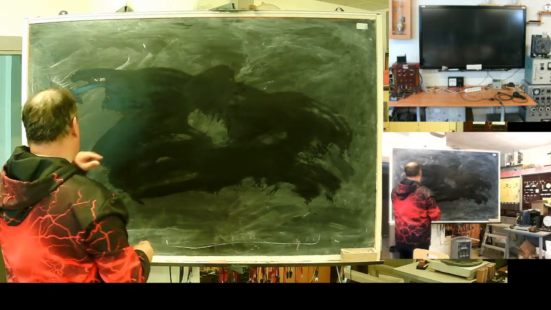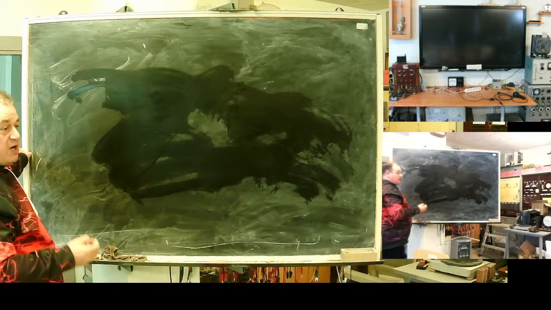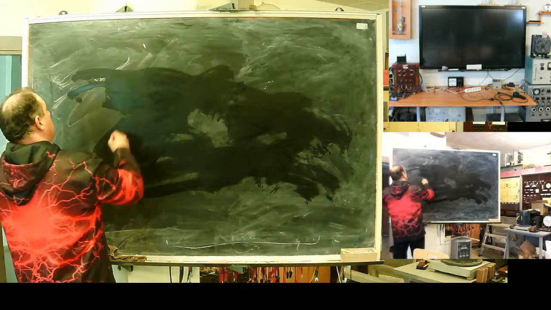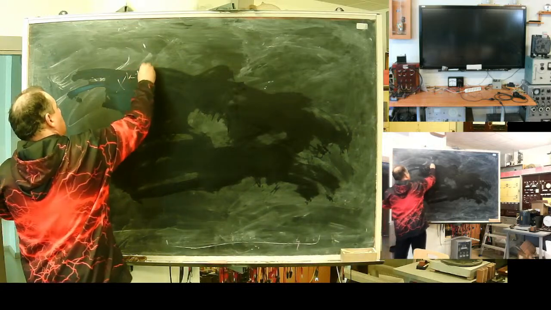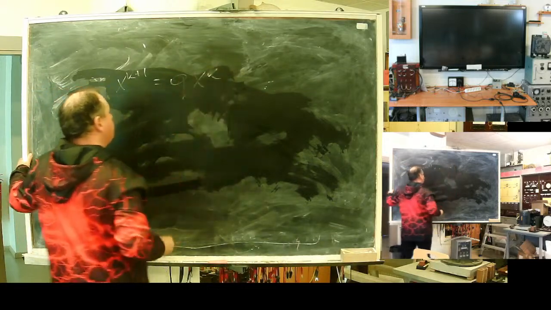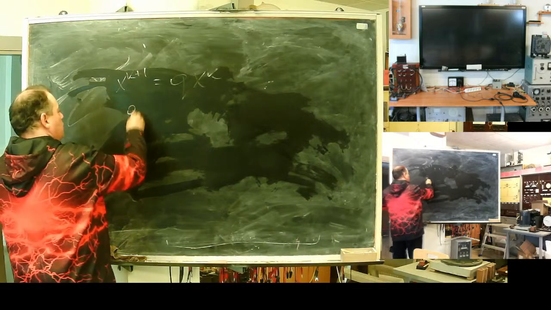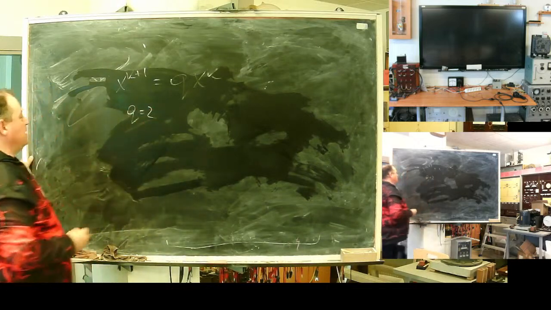It's a bit shaky. Let's take an example of a very simple progression. x_next is q times x_previous. For example, with q equal to 2, what will I get?